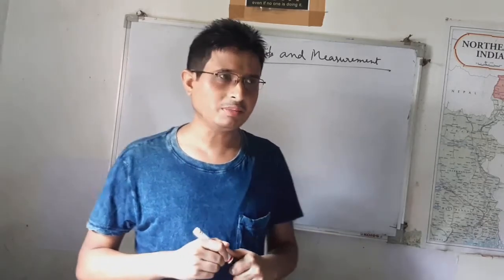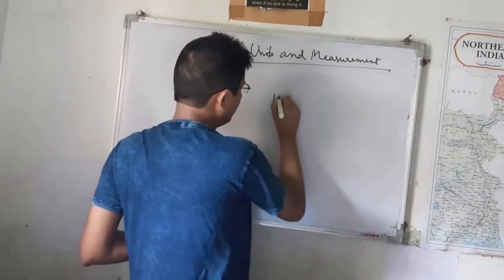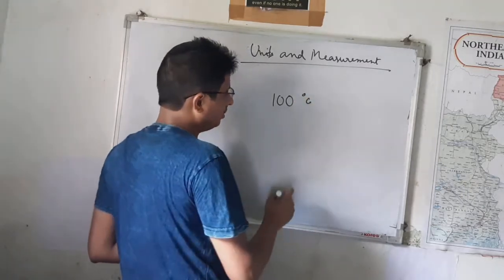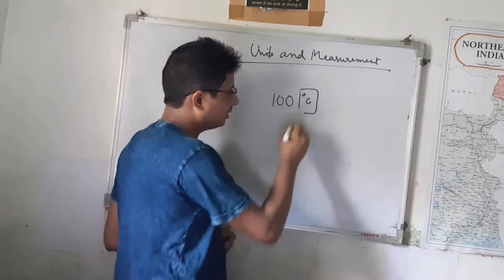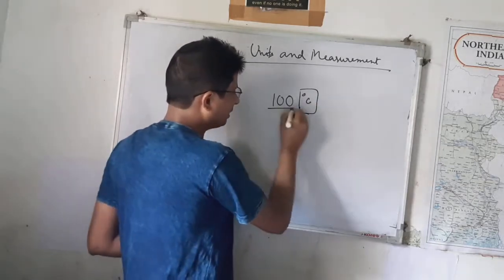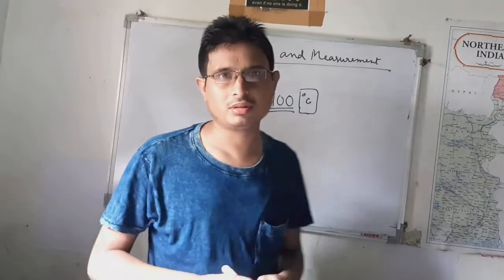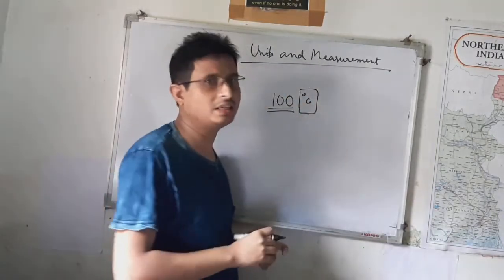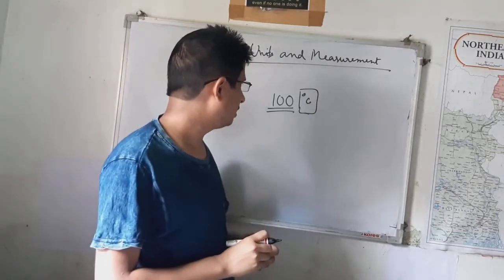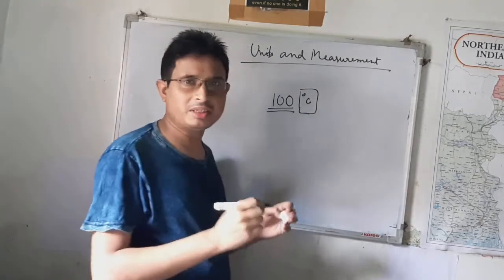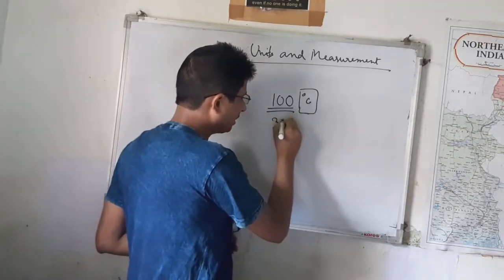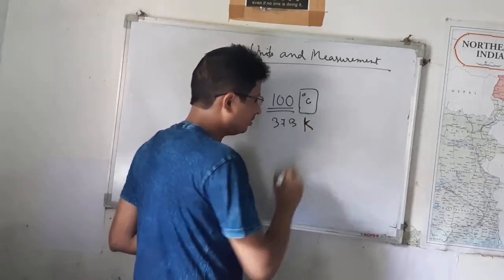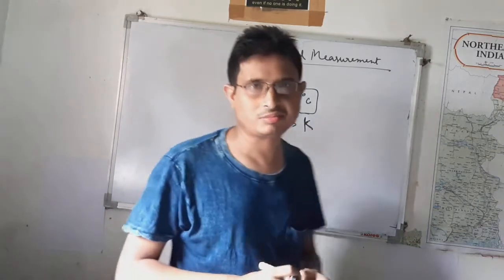We know that the temperature of boiled water is 100 degrees Celsius. If we omit this part, then only 100 is a simple numerical value. It has no meaning until and unless we add this quantity, degrees Celsius. Similarly, we can express it in a different scale known as Kelvin, 373 Kelvin. So Kelvin is also associated with temperature.